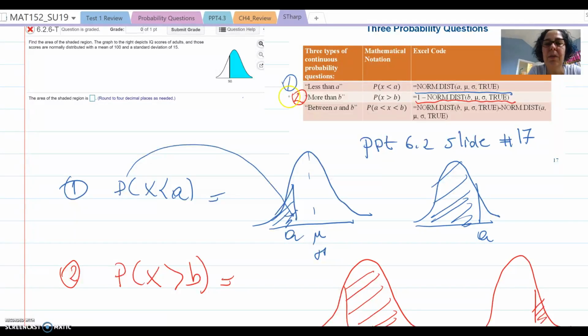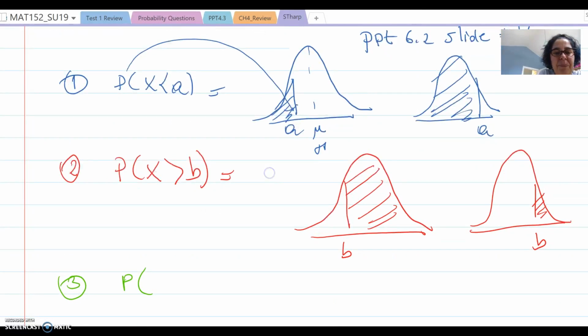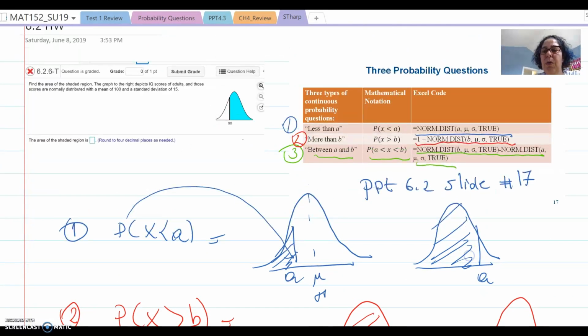And the last one is number three. If you're looking for a probability between A and B in an interval, that's the formula that you need to use. So what does that look like? Probability of A, X, B. You're going to look at each probability separately. You're expecting that B is a higher number than A, so you get the probability of the B area first, and then minus the probability of the A area.